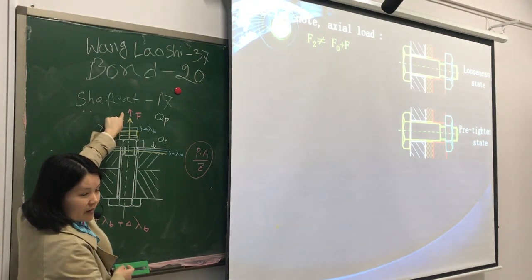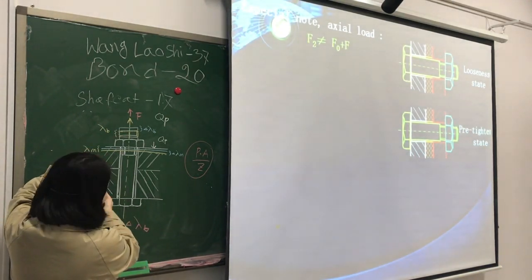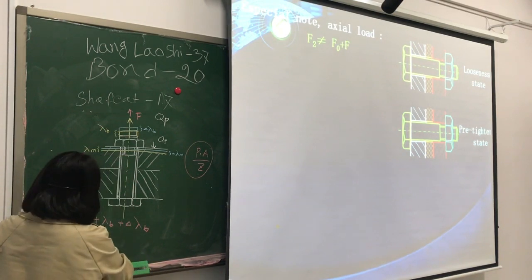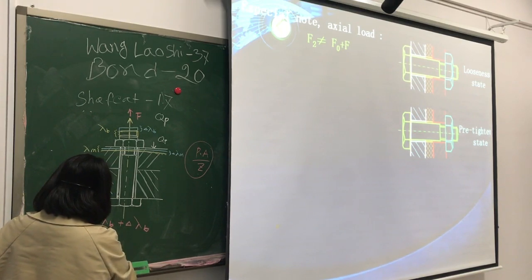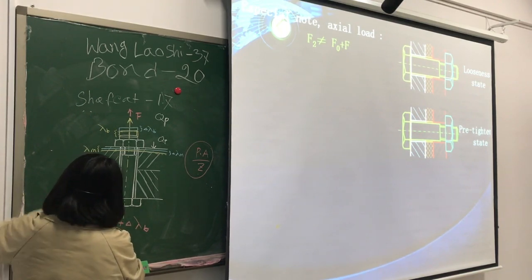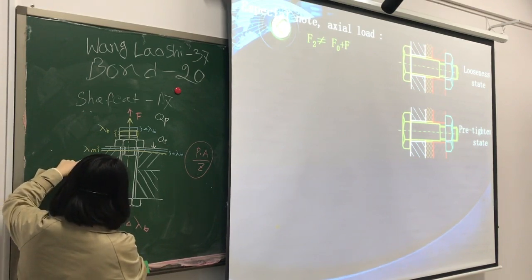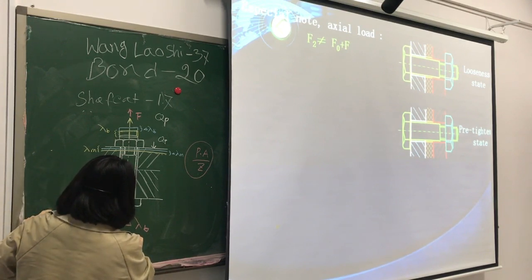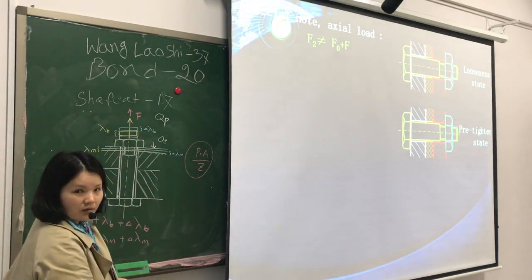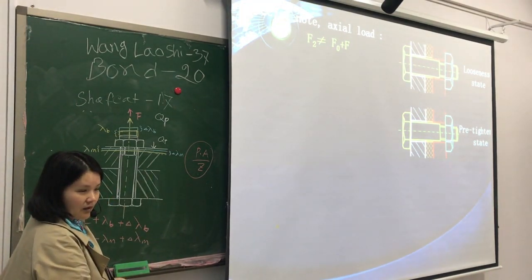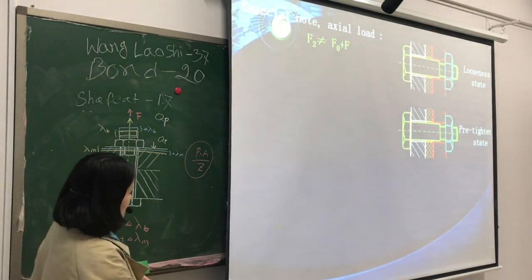And the thickness of the member is the original thickness minus lambda m and plus delta lambda m. Okay, this is the length.